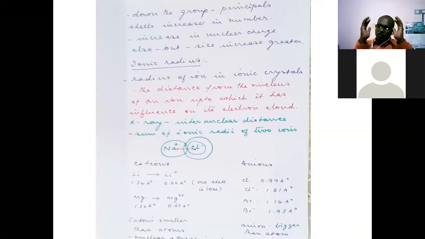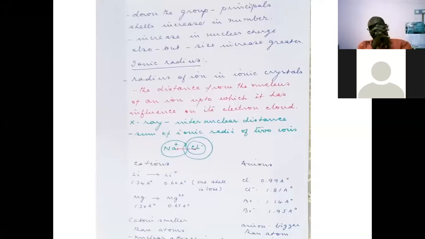Why do we discuss the electron cloud here? The electron cloud density changes when an atom becomes a cation or an anion.